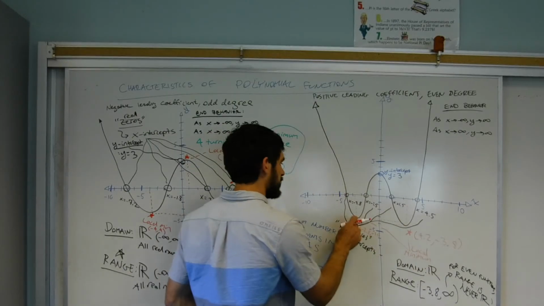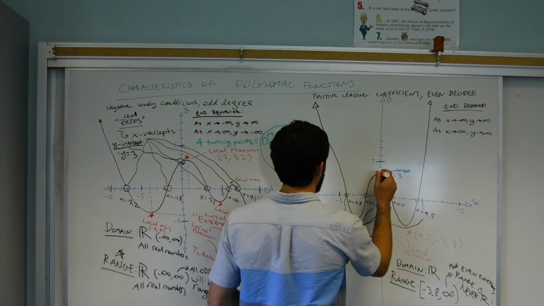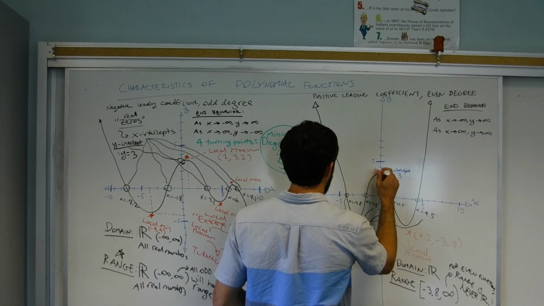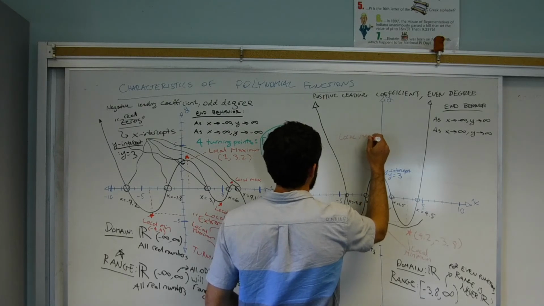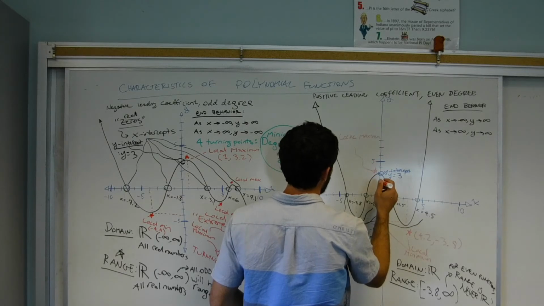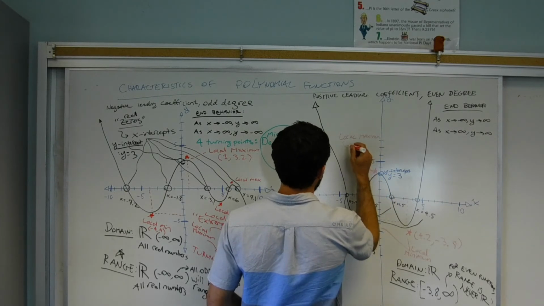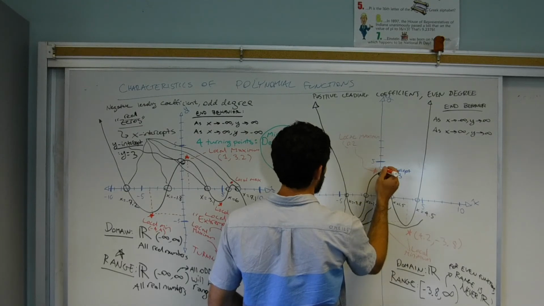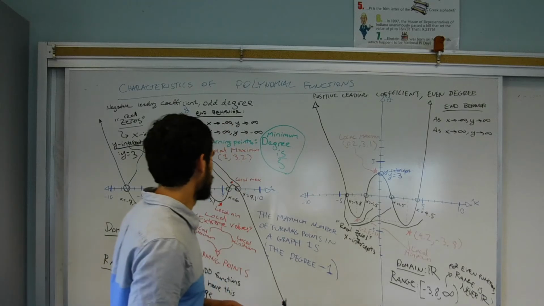Again, we'd find those just by looking at their coordinates on the graph. And we have a local maximum that's right next to our y-intercept. So our local maximum would be the point, going a little bit left, say 0.2 and 3.1. That would be our only local maximum.